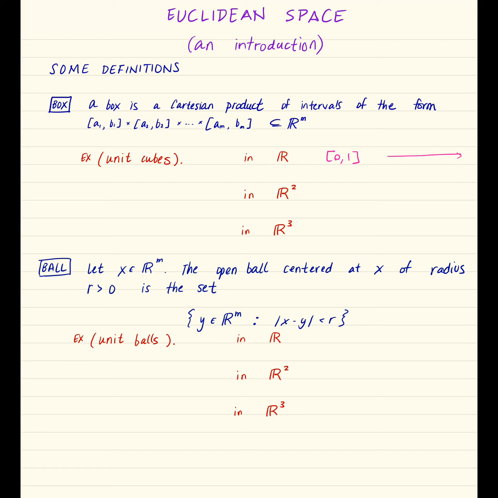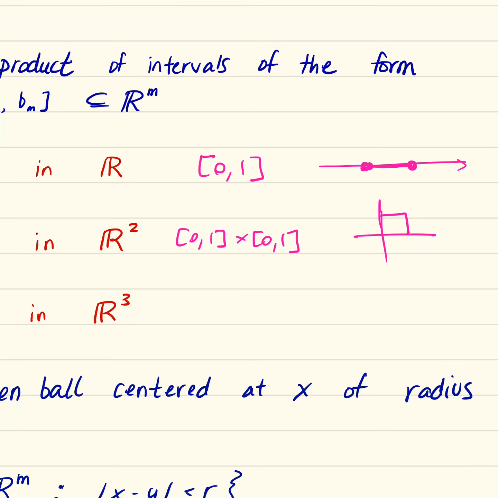In R, we would just be looking at a closed line segment, right? It doesn't look like a cube that much, but it's what it is. Now, what about in R2? In R2, we're talking about 0,1 cross 0,1, and that looks like a square, right?